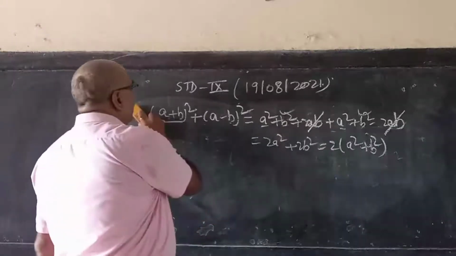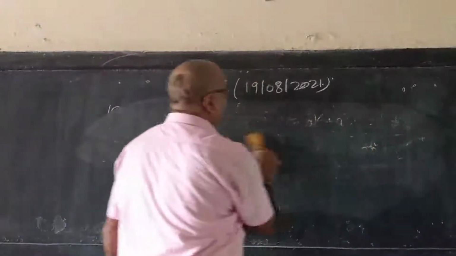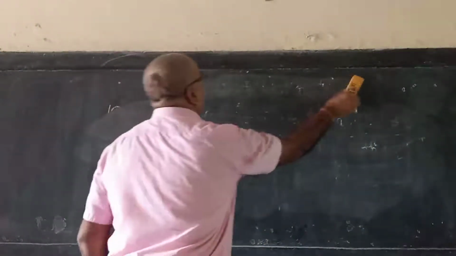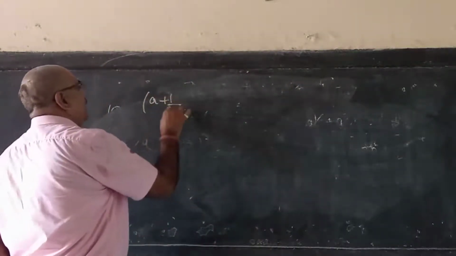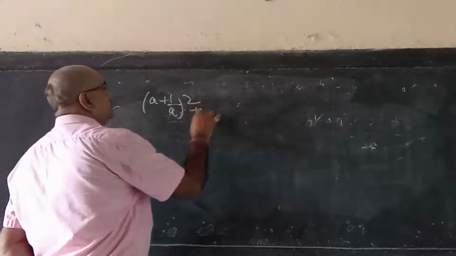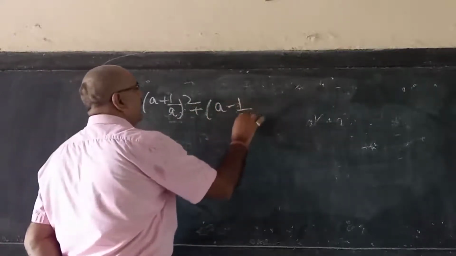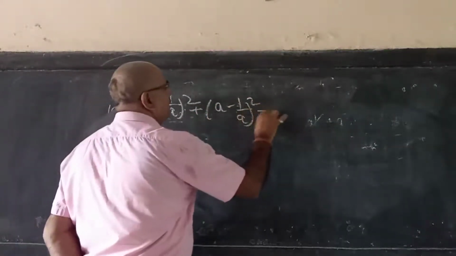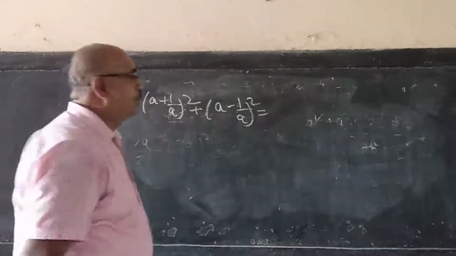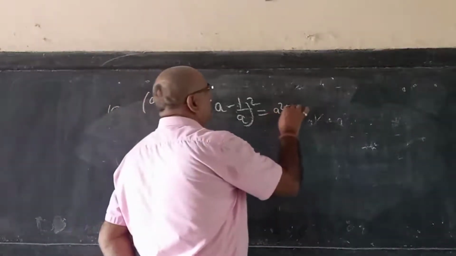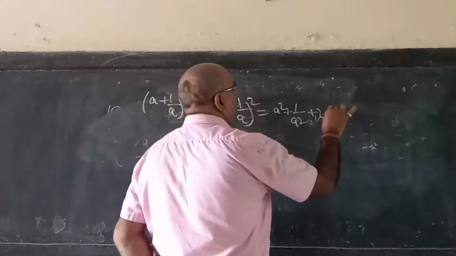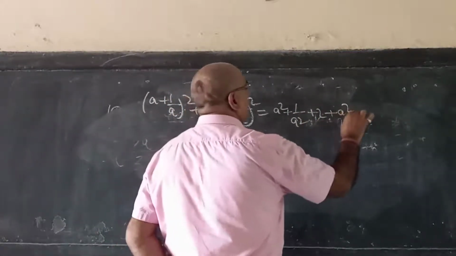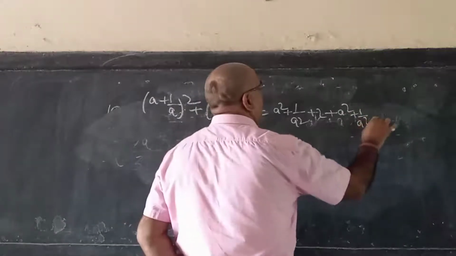Same way, if we add (a plus 1 by a) whole square plus (a minus 1 by a) whole square, what is the result? (a plus 1 by a) whole square means a square plus 1 by a square plus 2, plus a square plus 1 by a square minus 2.